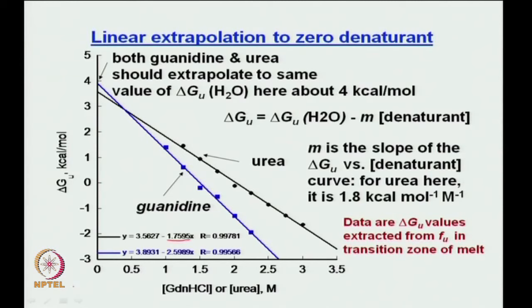How can you try to explain this? This linear extrapolation method is one model definitely, but think about this. If guanidine hydrochloride has some electrostatics involved in it because it is a salt, and urea is a polar molecule, then there has to be some specificity or some changes in the types of interactions when you have guanidine hydrochloride interacting with the protein as compared to urea interacting with the protein.